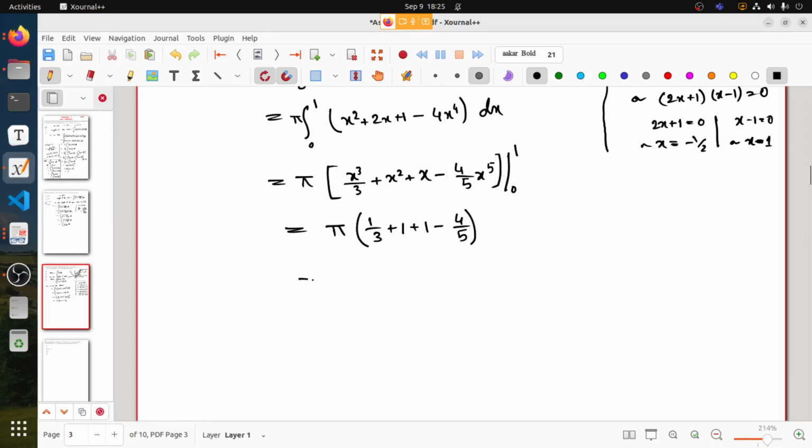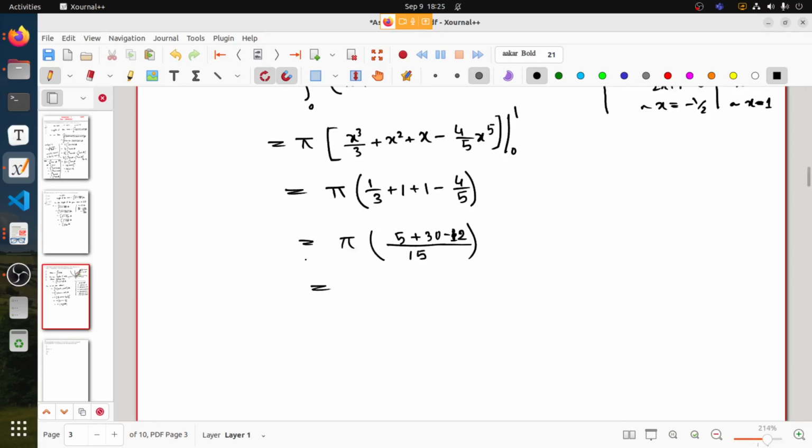So we get pi, simplify it: 5 plus 30 minus 12 over 15, that is 35 minus 12, which is 23. So we will get 23 pi by 15.